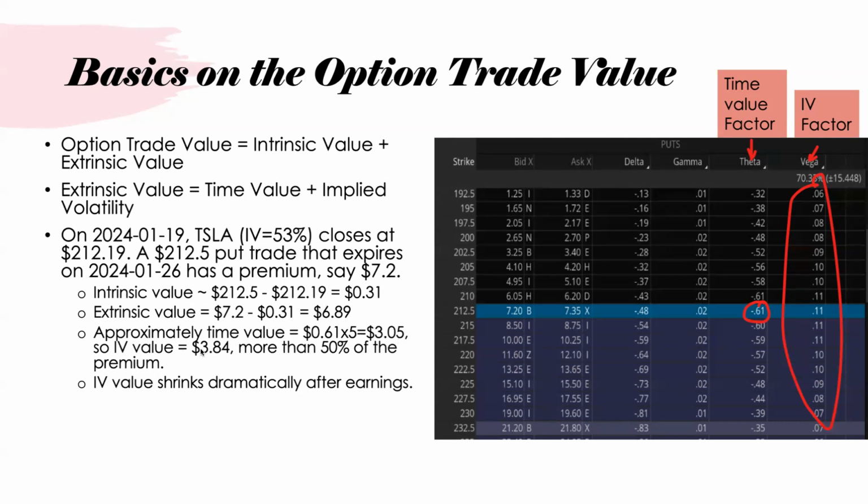And that gives us the IV value is close to, but less than, $3.84. Still, that's like 50% of the premium. And this IV value would shrink dramatically after Tesla earnings. That means even if Tesla moves down a few dollars, you still profit from this trade. And that's why there is an advantage called IV crash.